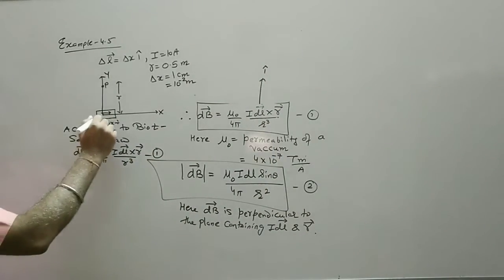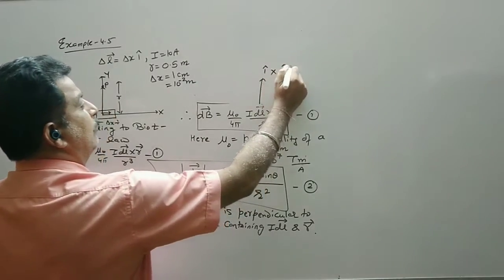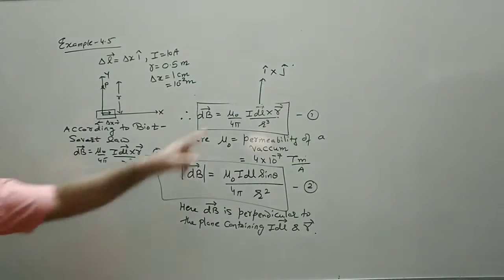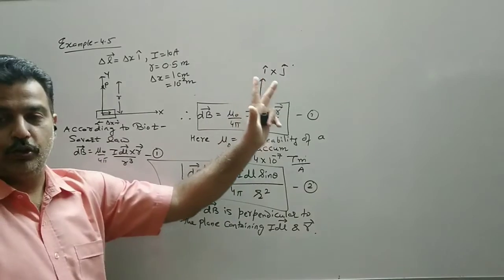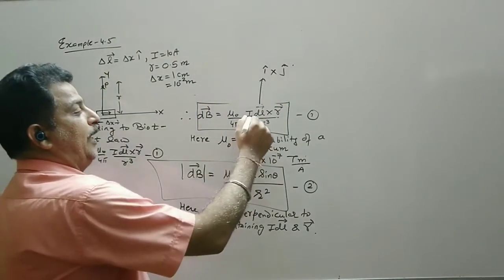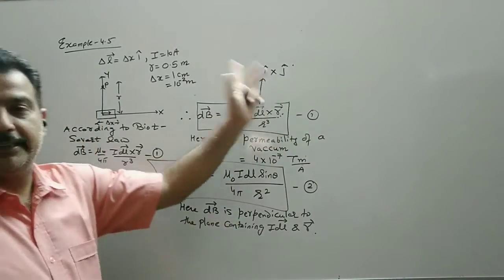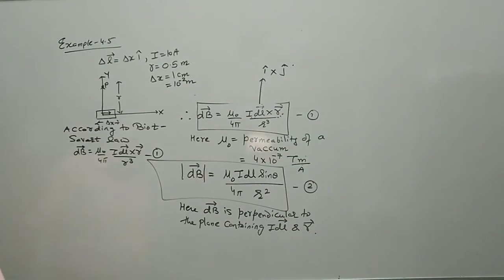Then J is along the y-axis, so we can find out the direction with the help of i cross j also. So we will find out the magnitude. Clearly the angle between these two vectors is 90 degree. One is along the x-axis, the other is along the y-axis.